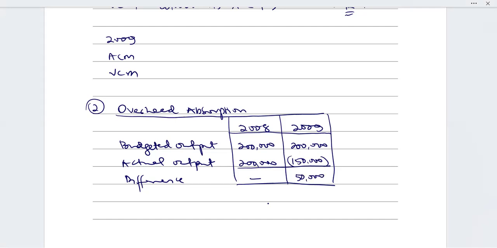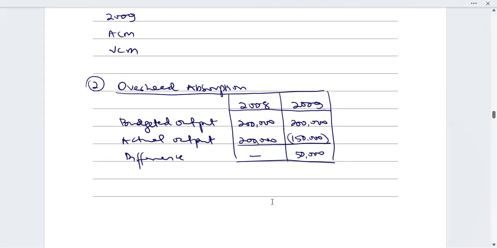In this case, remember my explanation: if the budgeted output is less than the actual output, it means that it is under absorption.